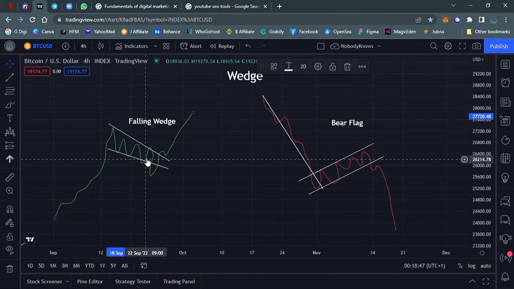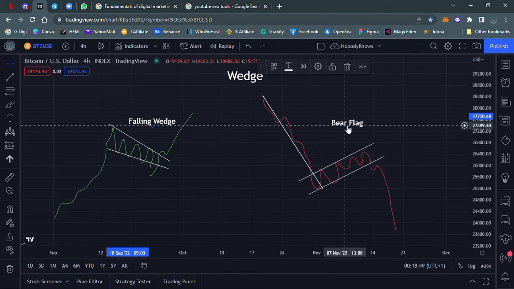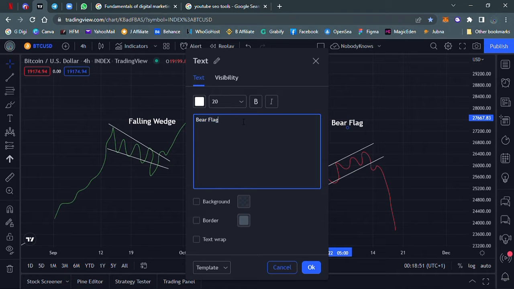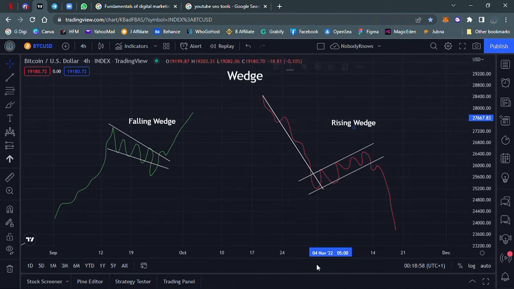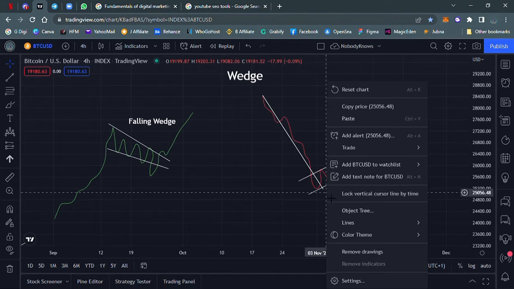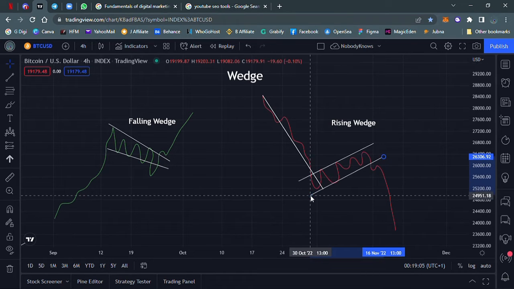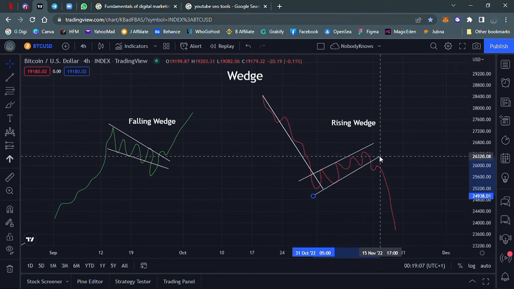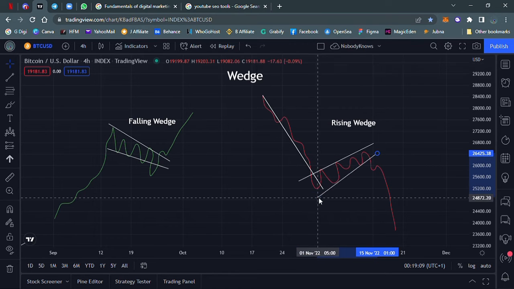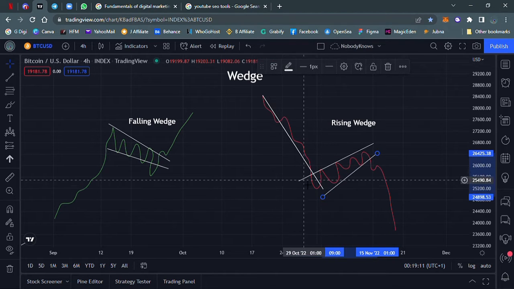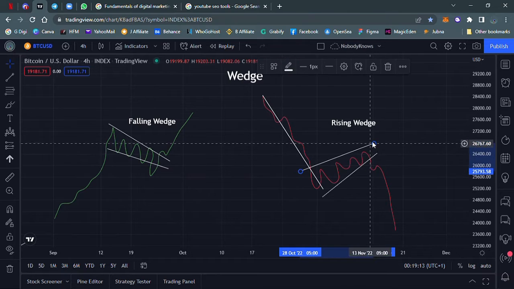But I'm just trying to show you this is a falling wedge, and in the case of a bear market, we have what we call a rising wedge, and I'll show you what that looks like. So for example, market does this, just compresses like this, right?